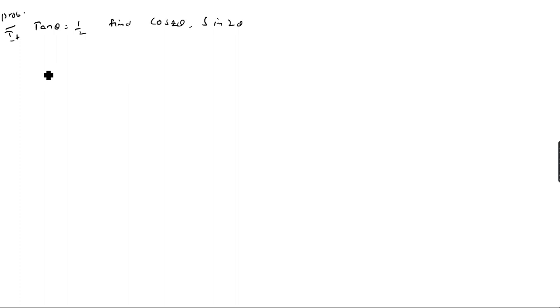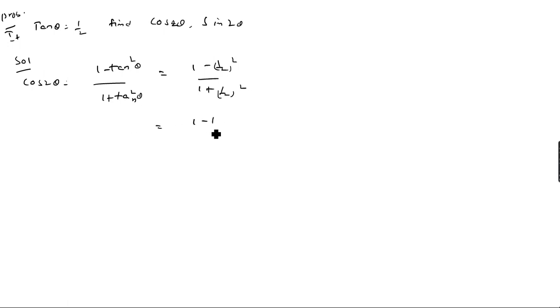Therefore first we write the solution for cos 2 theta. Cos 2 theta can be written in terms of tan, nothing but 1 minus tan square theta by 1 plus tan square theta. This is a formula. So we get 1 minus 1 by 2 whole square by 1 plus 1 by 2 whole square.